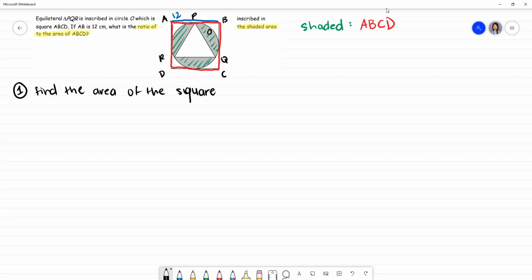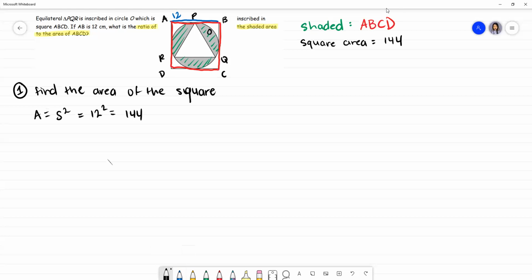And that's pretty easy because we know the formula for that is just the side length squared. So that would be 12 squared, which is equal to 144. And I'm going to put it over here so we know that our square area is equal to 144.